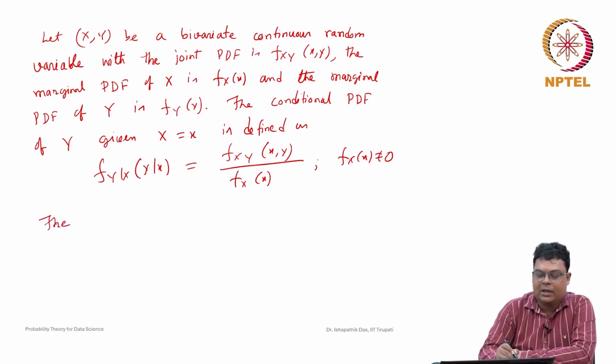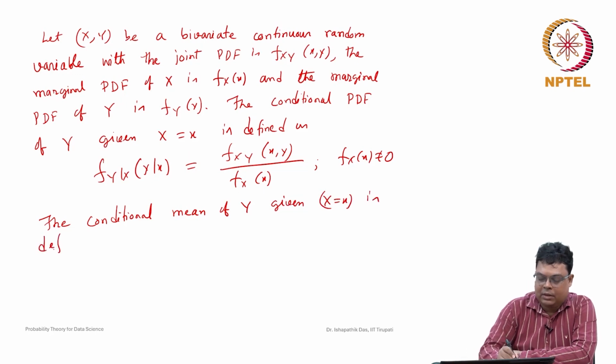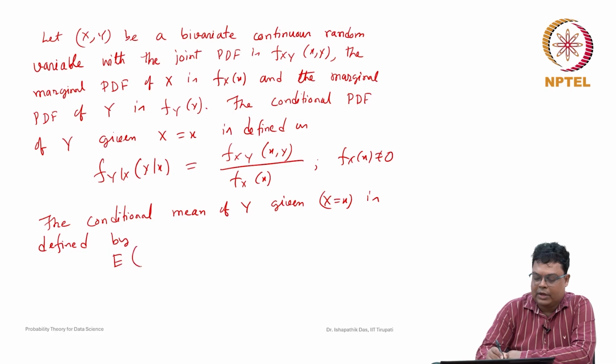Now we will define the conditional mean and conditional variance. The conditional mean of y given X equal to x is defined by the expected value of y given x, also written as mu of y given x.